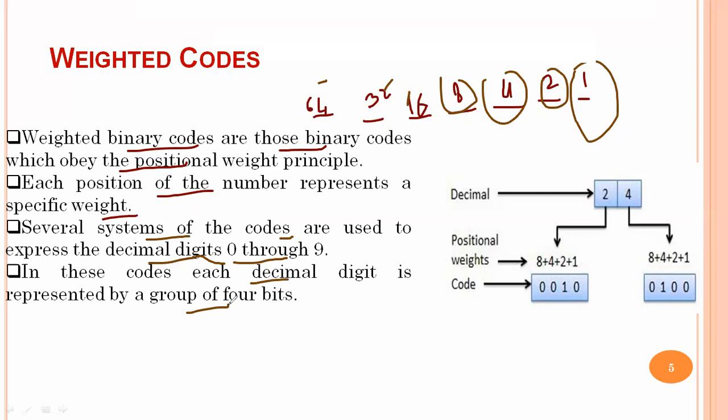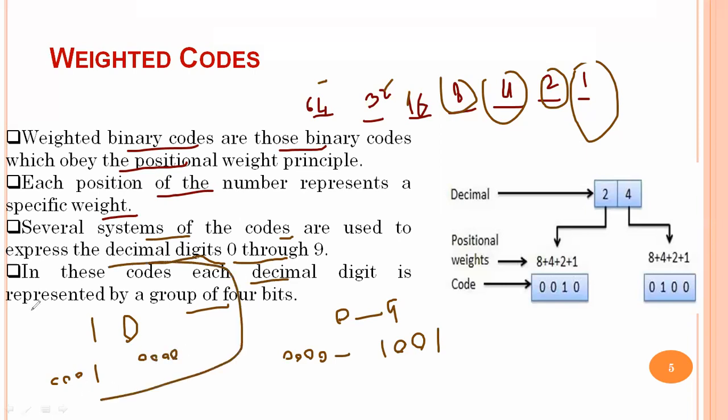Each number is represented in a group of 4 bits, because we have numbers from 0 to 9, and it will start from 0 0 0 0, and 9 is 1 0 0 1. All the other numbers are made up of these. If we talk about 10, it will be 0 0 0 1 and 0 0 0 0. So this is the binary form of the number 10. Okay.